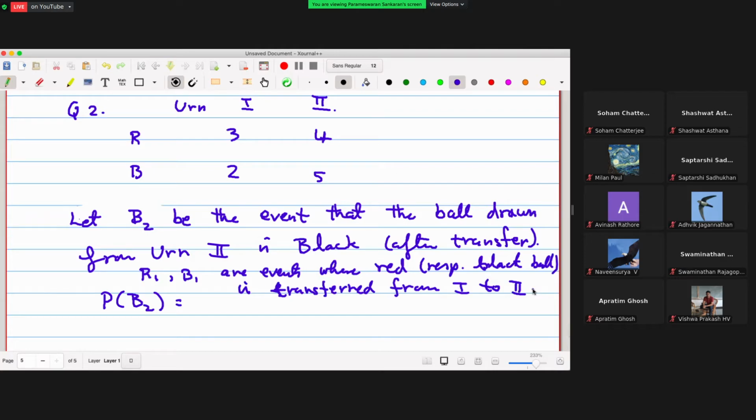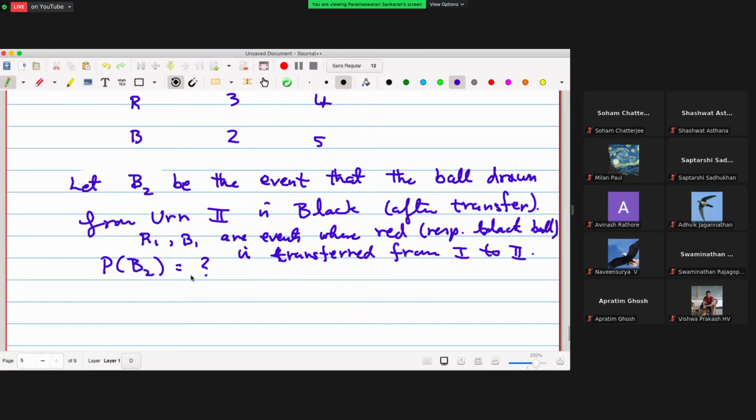Okay. So we want to compute what is this probability. So that will of course depend on this.